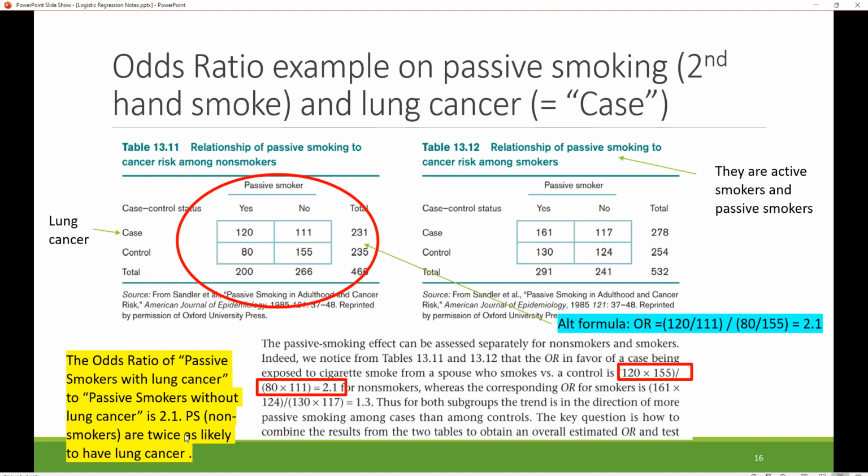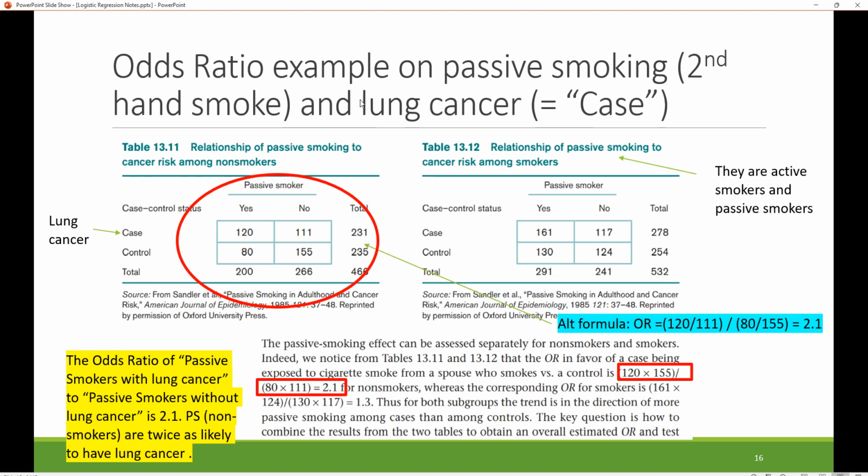Passive smokers are twice as likely to have lung cancer. And on this table on the left side, these are the passive smokers who do not smoke at all.